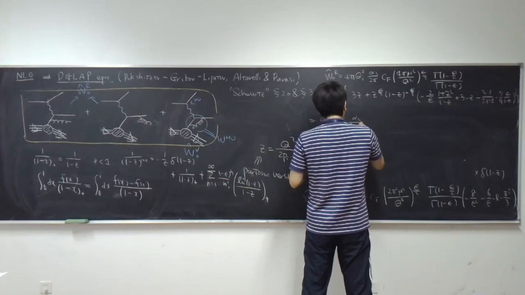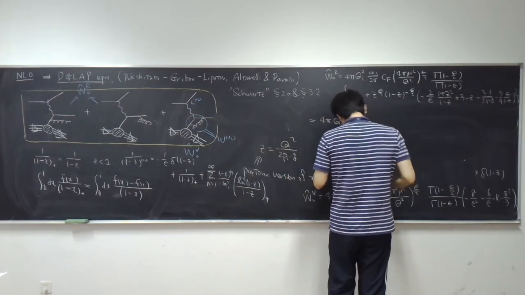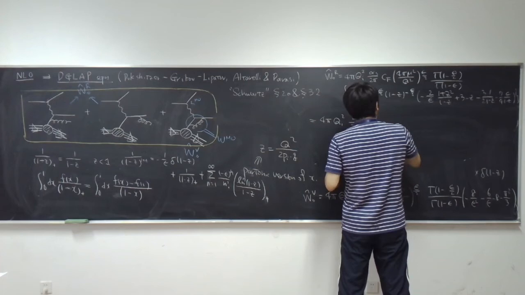For alpha_s over 2 pi C_F, it's a super tedious calculation.